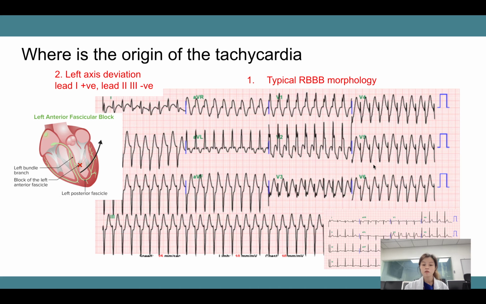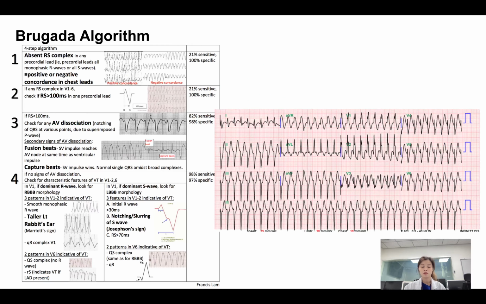The important differential diagnosis would be left posterior fascicular VT, or theoretically, it could be an SVT with underlying RBBB together with left axis deviation. Because the underlying ECG does not have any underlying RBBB or left axis deviation, posterior fascicular VT would be top in the differential diagnosis.